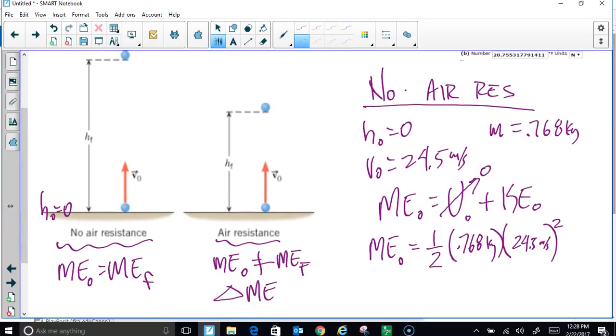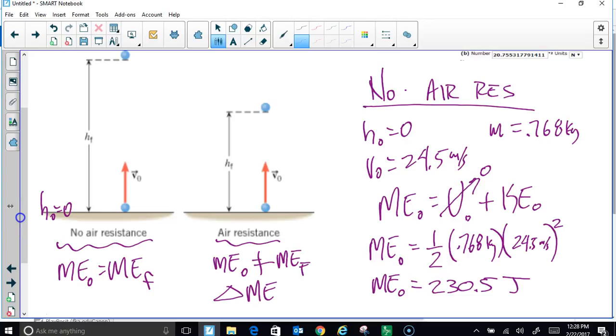So a few buttons on the calculator later, and I got 0.768 times 24.5 squared equals, I get about 230.5 joules worth of mechanical energy at the start.